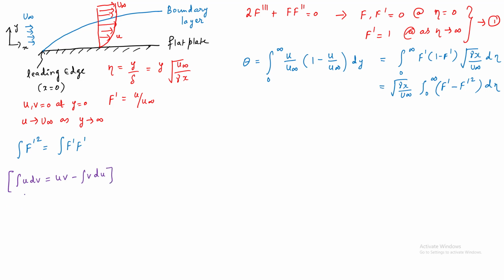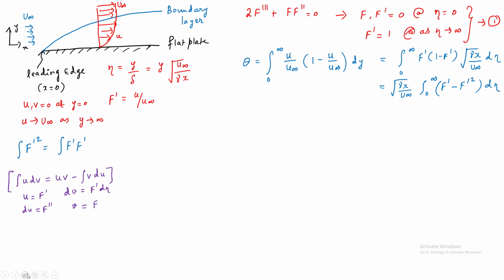Here we are taking u to be f' and dv to be f' dη. If we want du, that becomes f'', the differentiation, right? And if we want v from this, it will become f.